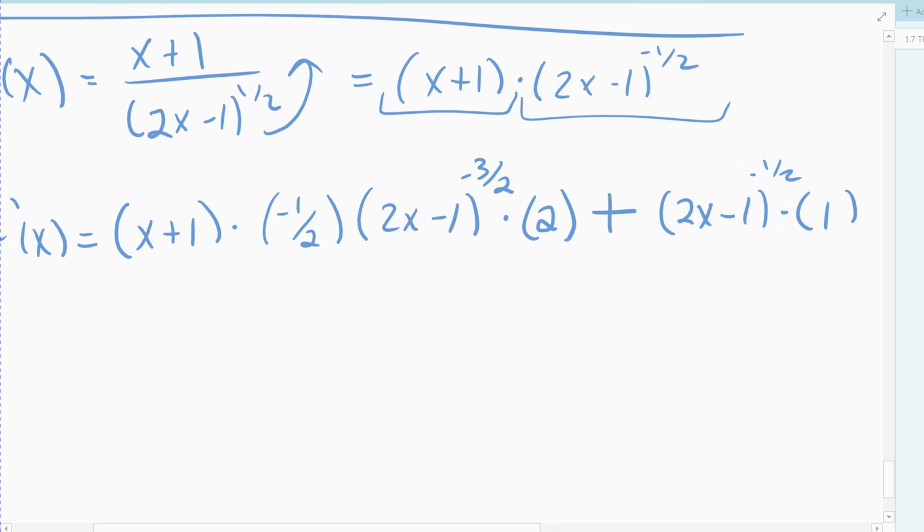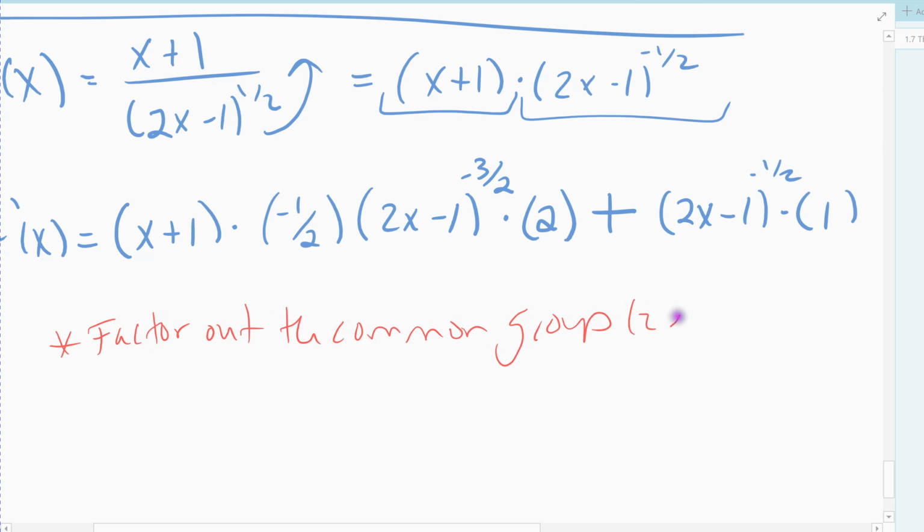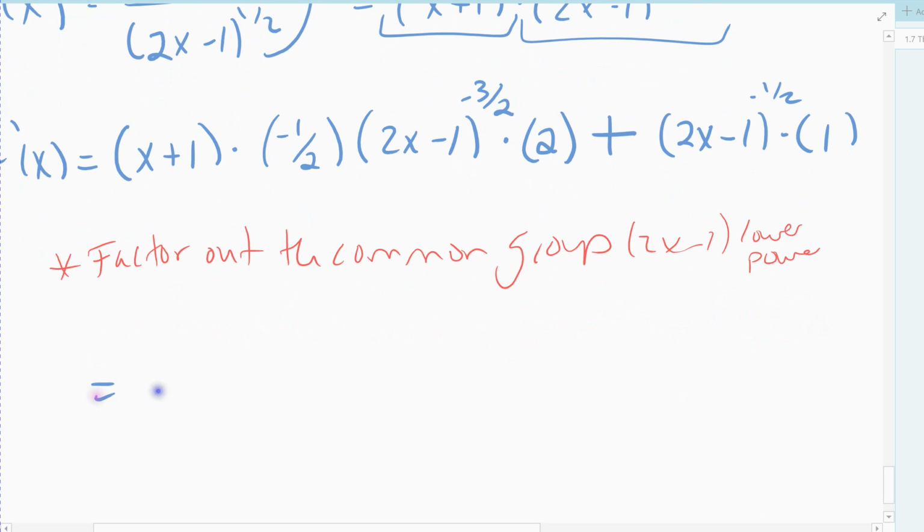I am still going to factor out the common group, which again was 2x minus 1, and the lower power, which would be the negative 3 halves. So factor out 2x minus 1 to the negative 3 halves.